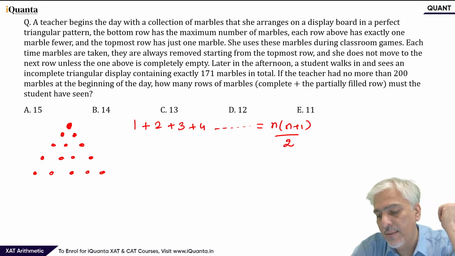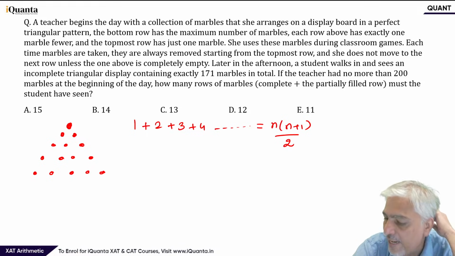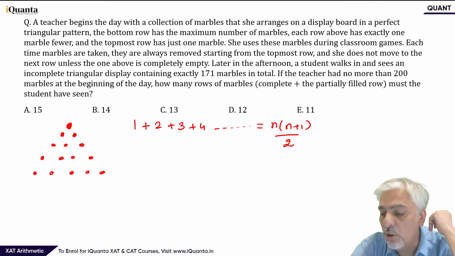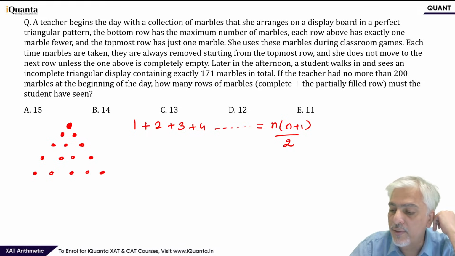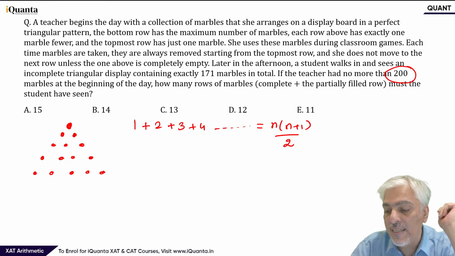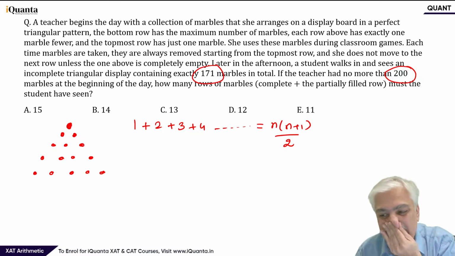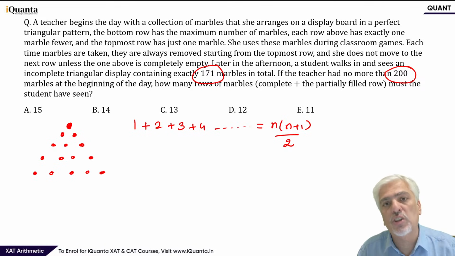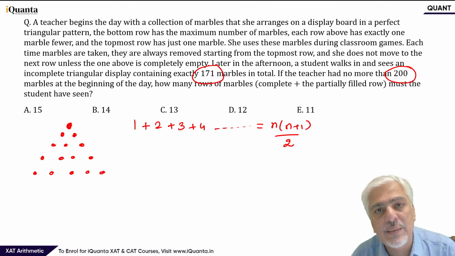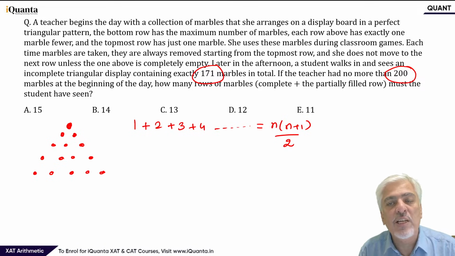Right? So now they have said initially the total number of marbles were less than 200. Maximum 200. And now she has 171 marbles. So what is your logic? If you just try a little bit randomly, we know that the initial number is between 171 and 190.